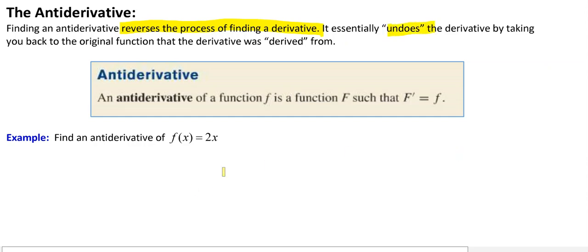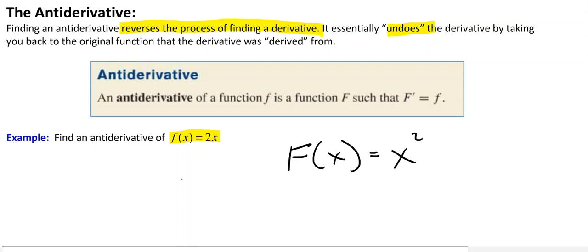As an example, let's say that we have this function 2x, and let's suppose that 2x is the derivative of some other function. Well, if you think about it for a moment, you might realize that function, which we're going to write with a capital F to represent the antiderivative, would be x squared. How did I come to that?